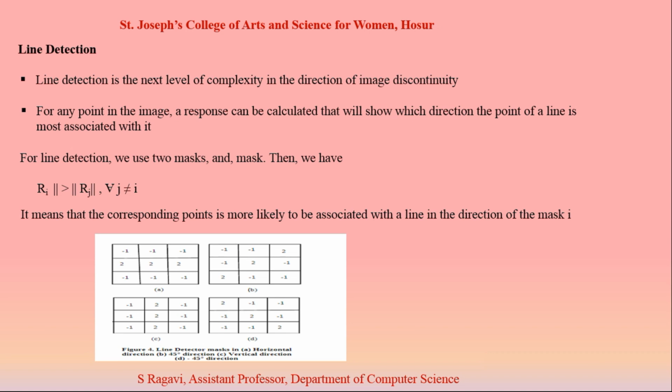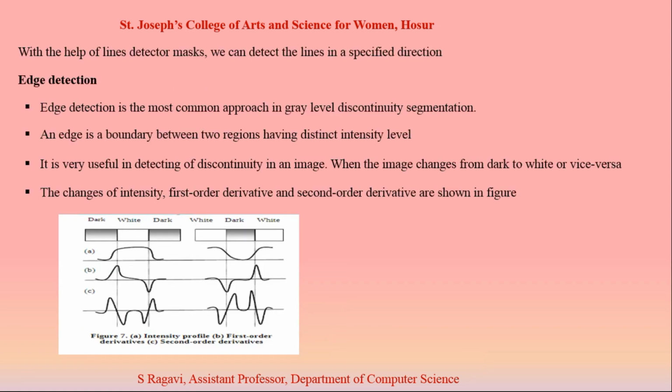For line detection, we use two masks, and if the absolute of Ri is greater than the absolute of Rj, for all j not equal to i, it means that the corresponding point is more likely to be associated with the line in the direction of the mask.